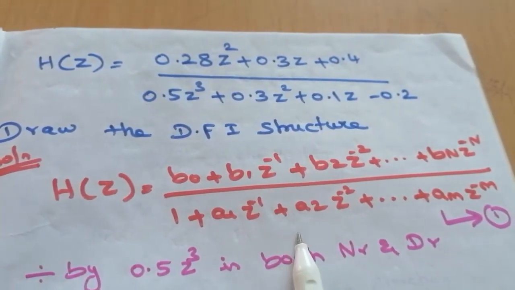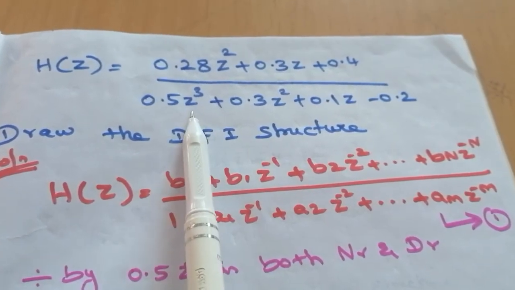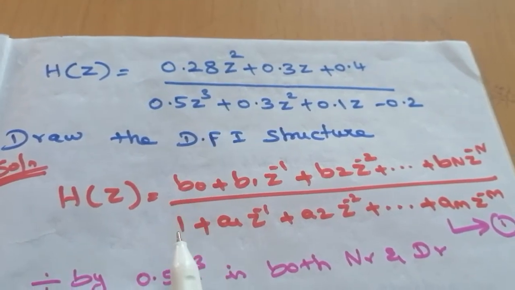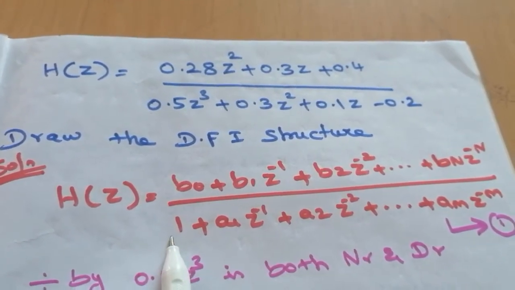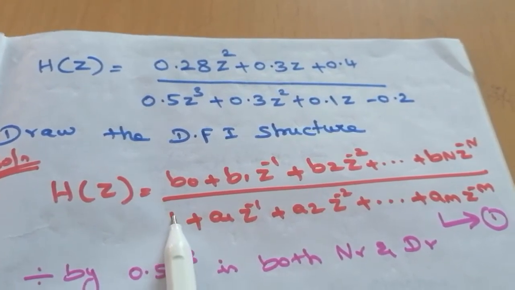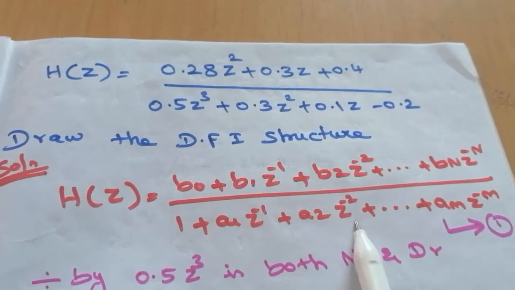In the general equation, the z is in power of negative, but our given equation is z in the power of positive. And one more thing you have to notice: in the general equation, the denominator starts with 1 plus, that is the constant 1. So we have to convert this equation into this form.